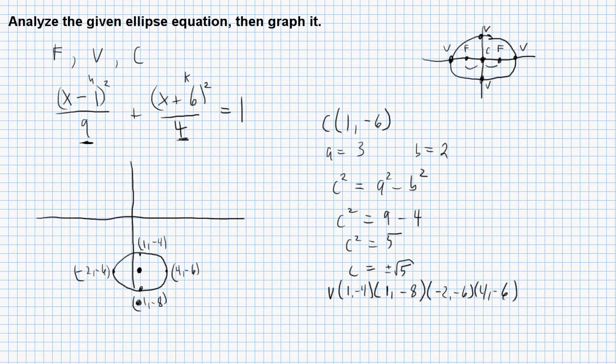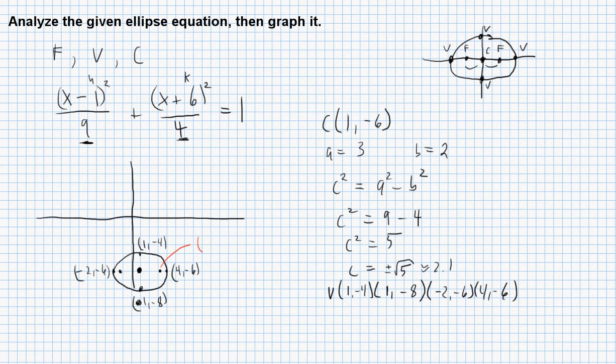Well, it's going to be radical 5 to the right of the center point, and radical 5 to the left of the center point. Radical 5 is about 2.1. So we're going to start over here and go to the right about 2.1 on that ellipse, and to the left about 2.1, about there, and then we label them.